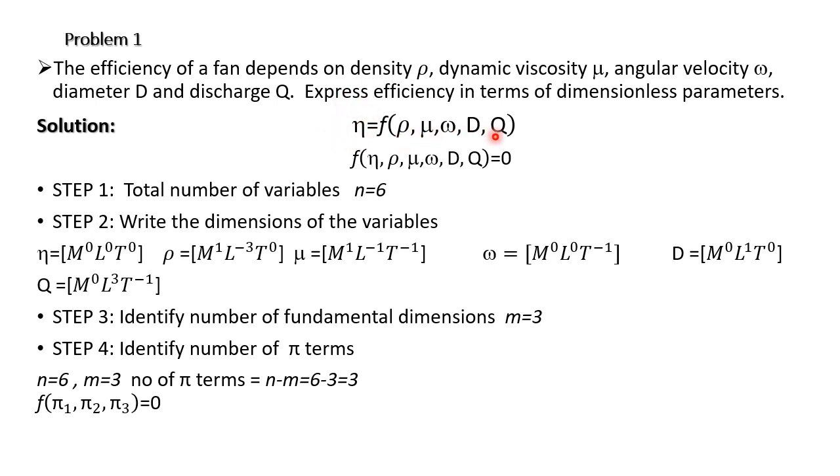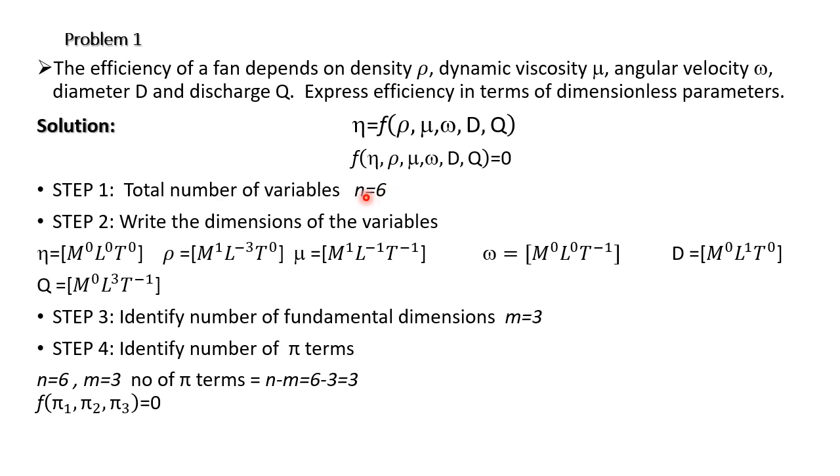So here efficiency is the dependent variable and all these parameters are independent variables. So the total number of terms involved is the sum of dependent and independent variables, that is 1, 2, 3, 4, 5, 6. So the total number of variables is n equal to 6.